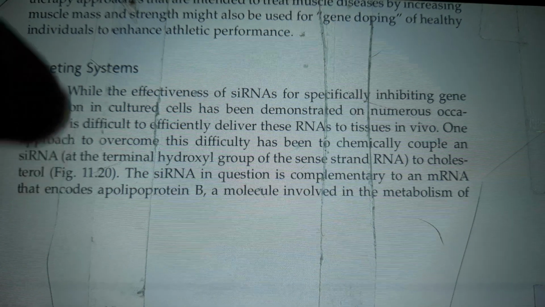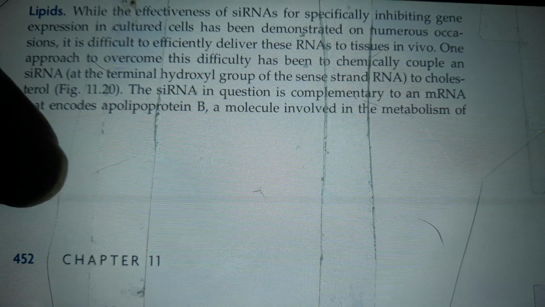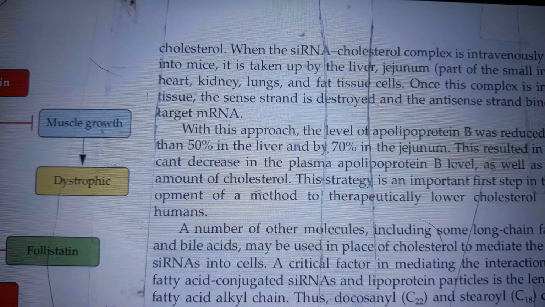The siRNA in question is complementary to an mRNA that encodes apolipoprotein B, a molecule involved in the metabolism of cholesterol. When the siRNA-cholesterol complex is intravenously injected into mice, it is taken up by the liver, jejunum, part of the small intestine, heart, kidney, lungs, and fat tissue cells.